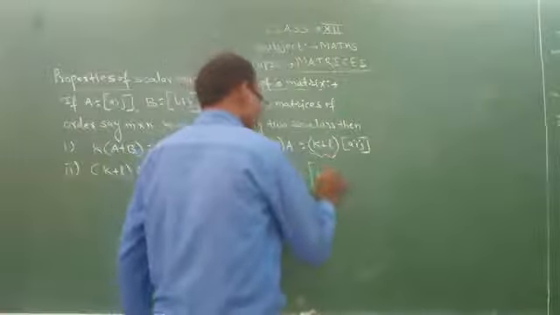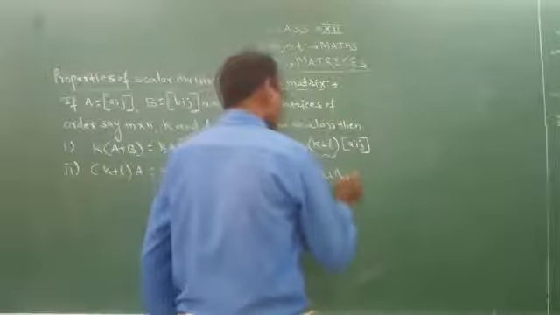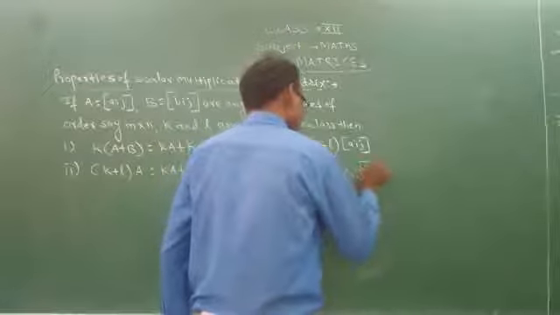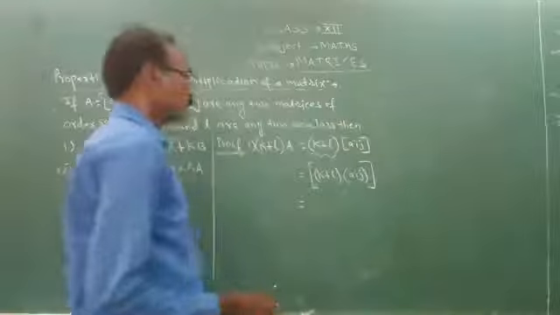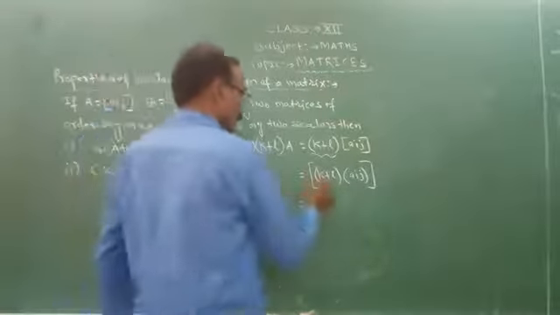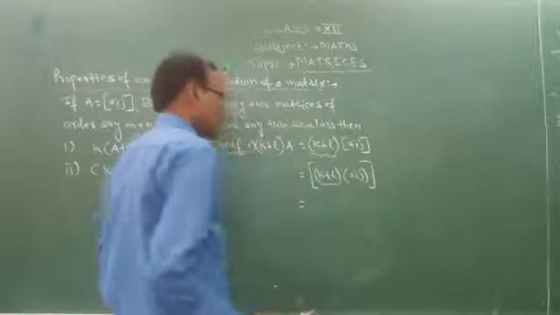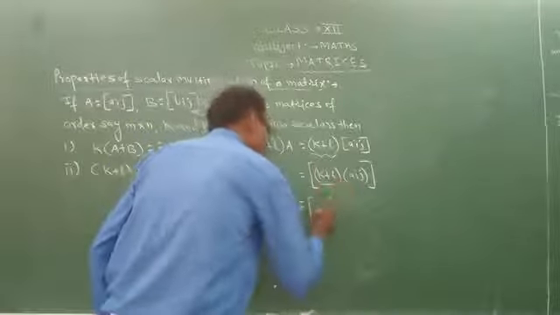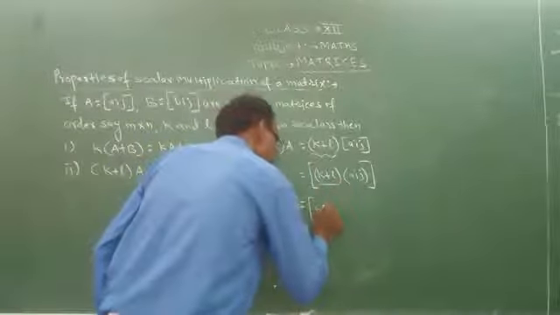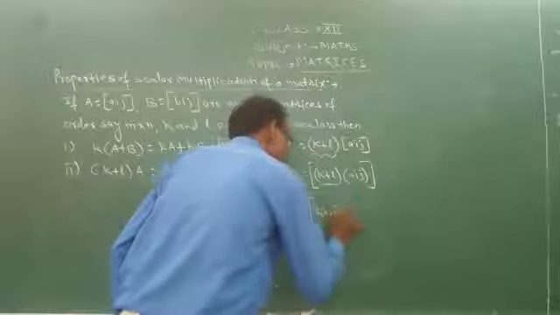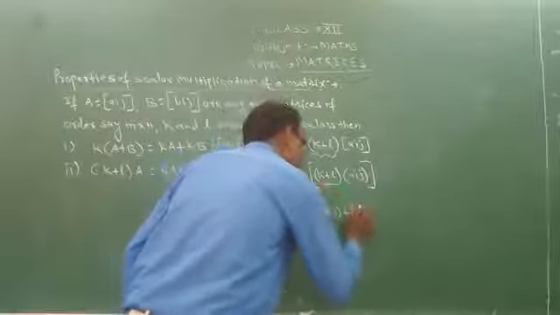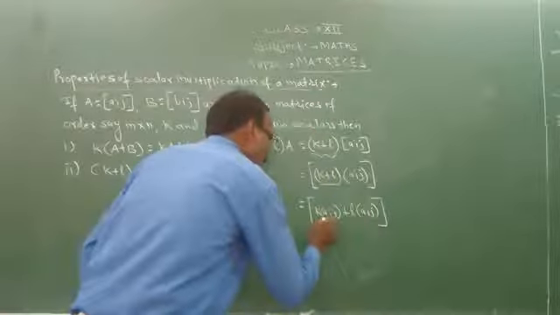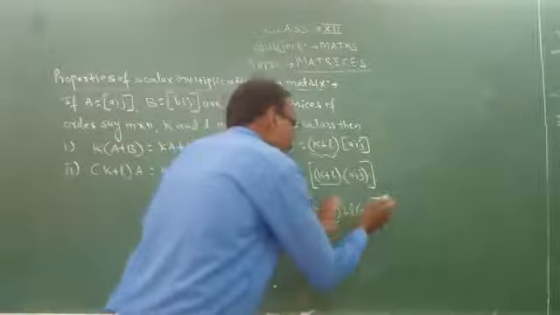So this will be K plus L into this Aij. This is a number with this number in the matrix. So that will be, in bracket, K into Aij plus L into Aij, in the matrix.